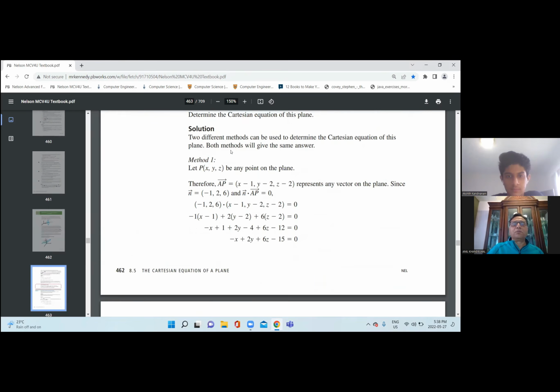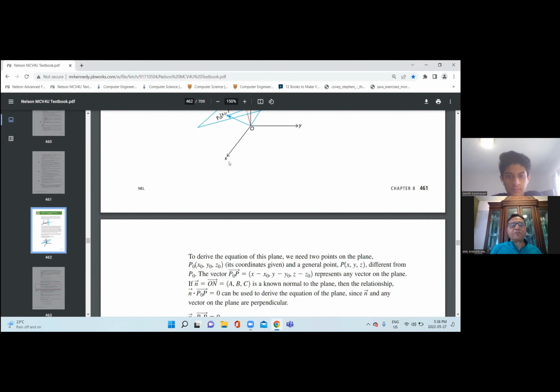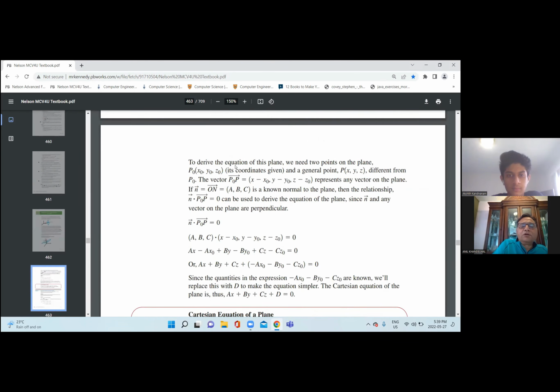So how do you get the normal? Now look, normal into another line. This PP0 is any point on the plane, right? Can you please read this? To derive the equation of this plane, we need 2 points on the plane.